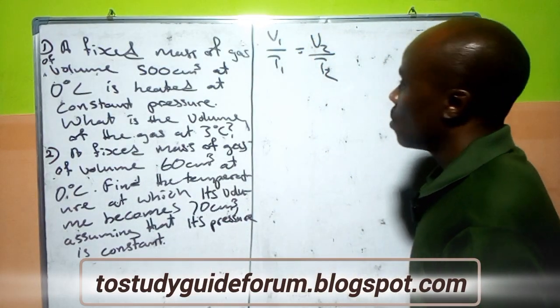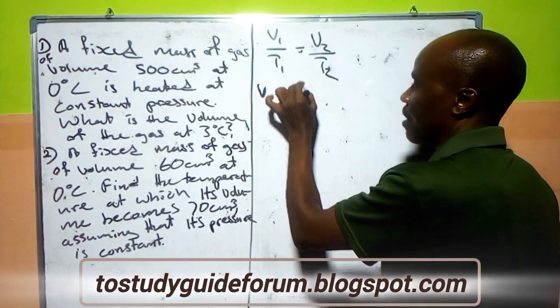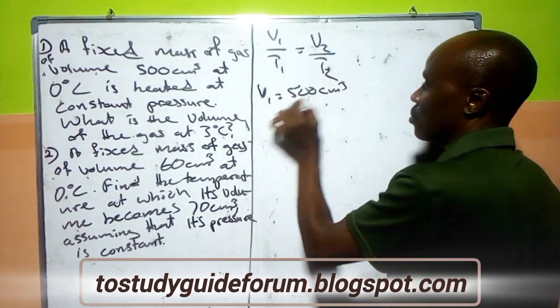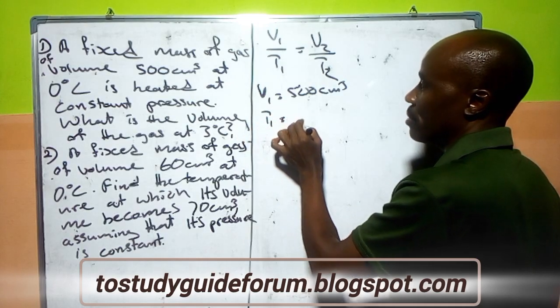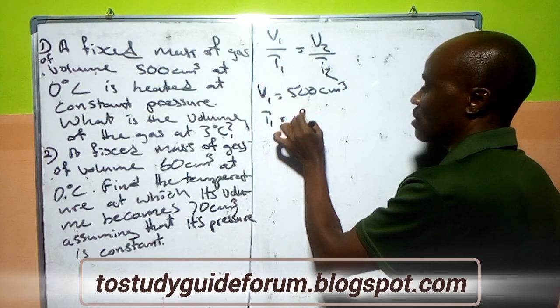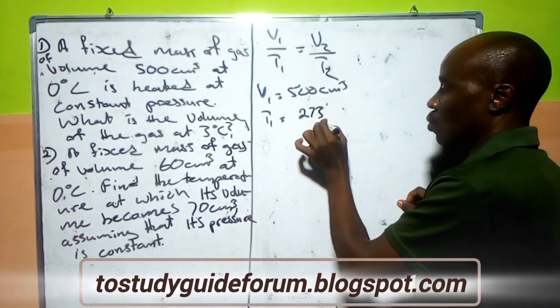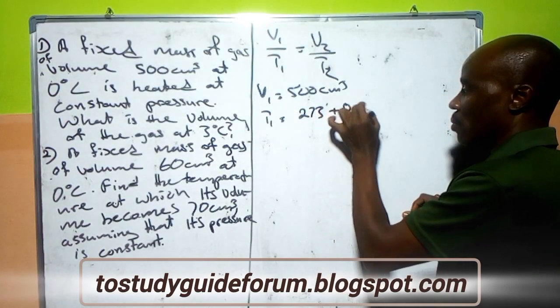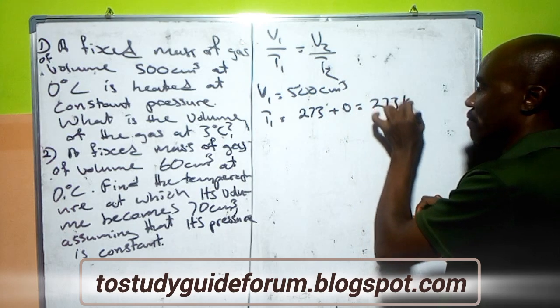So our V1 is 500 cm³. Our T1, since it's 0 Celsius, converting to Kelvin, is 273 plus 0, which gives us 273 Kelvin.